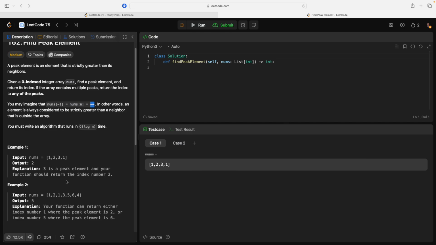Okay, so if we have O(log n), this is in the binary search category. I don't see how, but maybe if I dig, I'll find it.